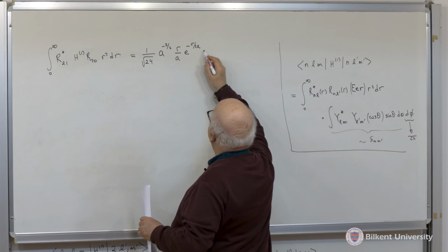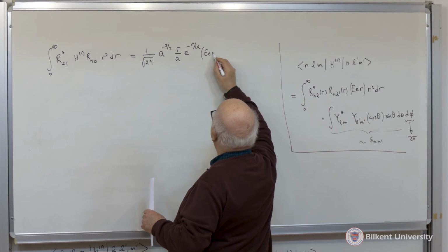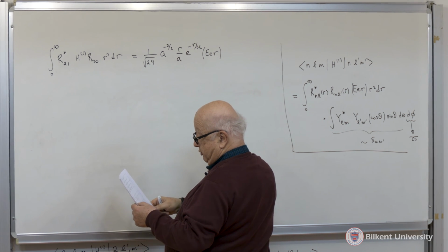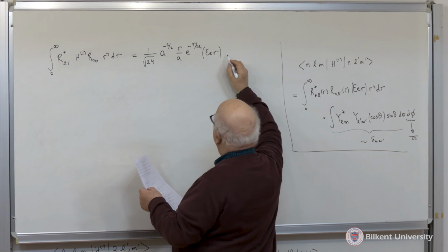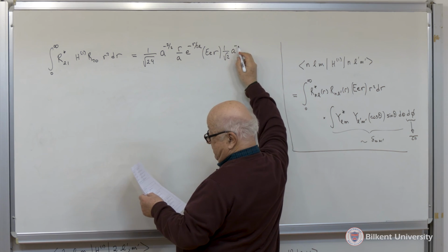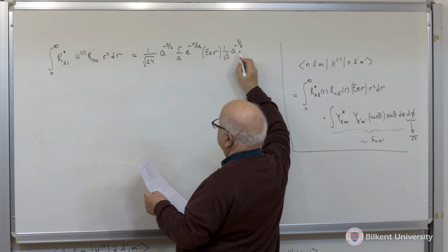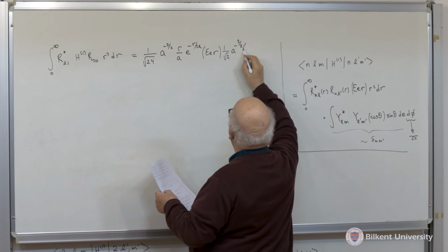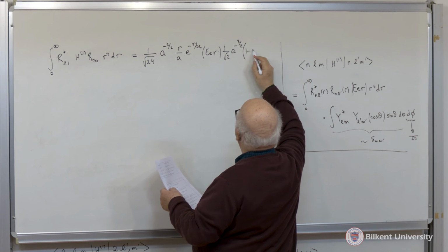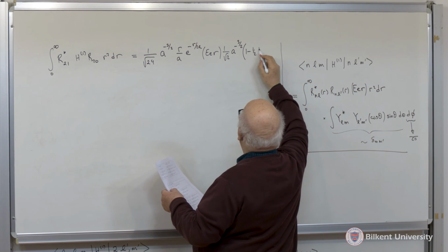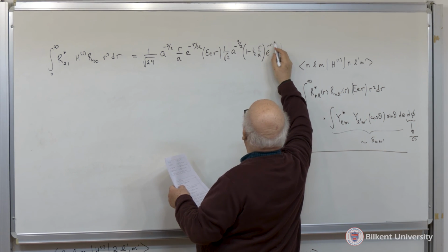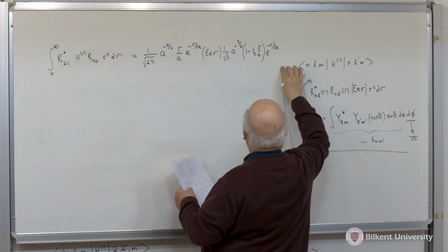Then I have this H1, which is E times r. And then R20, which is 1 over square root of 2, a to the minus 3 over 2 again. And then I have 1 minus 1/2 r over a, e to the minus r over 2a, and we are not done.